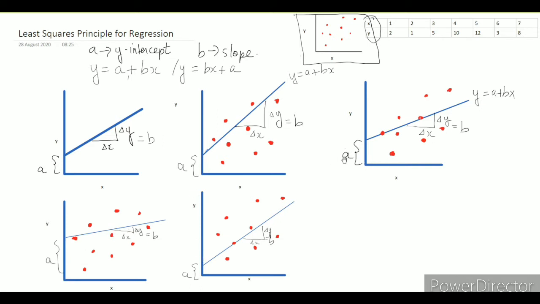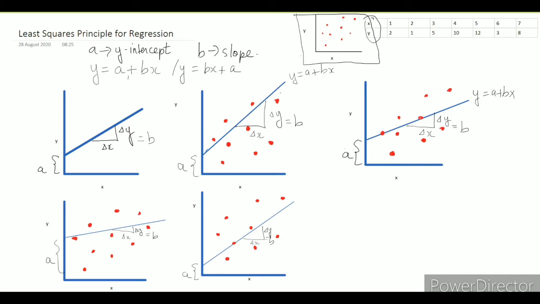Or we can say that the values of a and b determine the shape of the line, because if the y-intercept was this much and the slope was this much, the line would look like this. And if the y-intercept was this much and the slope was this much, the line would look like this. So we have different shapes of the line depending upon the values of a and b.